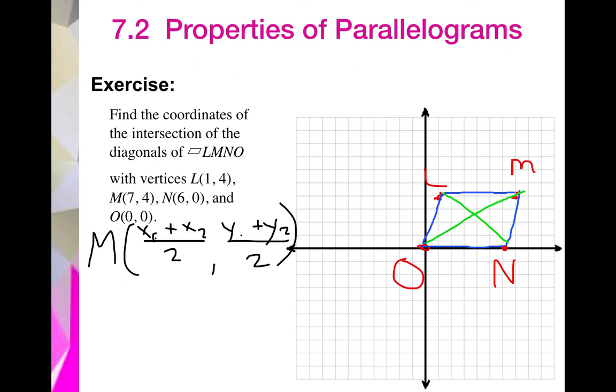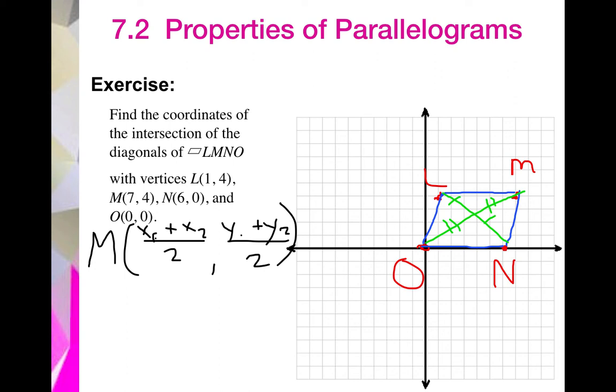And we know from the theorem that these two green lines here, the diagonals, are going to bisect each other. Therefore, this is going to be congruent to that, and this is congruent to that.